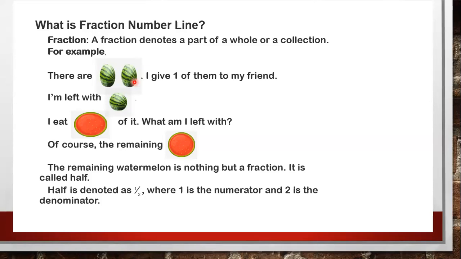I'm left with 1 watermelon. I eat 1/2 of it. So what am I left with? Of course, the remaining 1/2. So the remaining watermelon is nothing but a fraction. It is called half. Half is denoted as 1/2, where 1 is the numerator and 2 is the denominator.